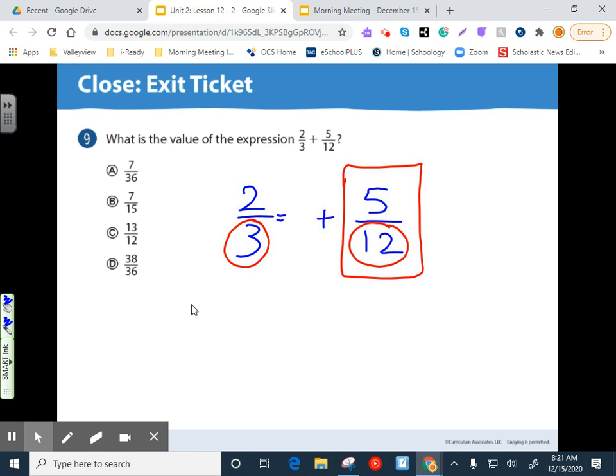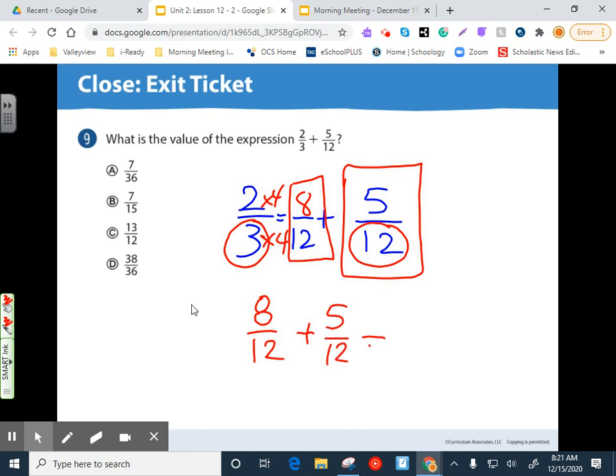All right, so let's put our equal sign. We need to multiply by 4 to get 12. That means you have to multiply by 4 on the 2 as well, so we have 8/12 plus 5/12, and 8 plus 5 is 13. And look at that. Answer C matches up with that.